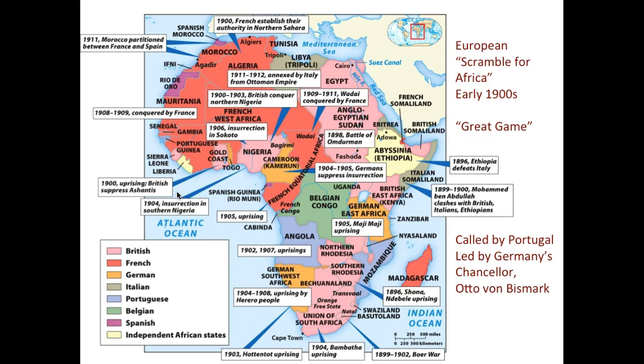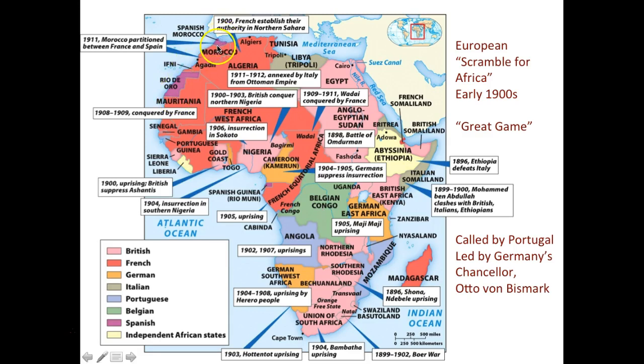This map, extremely colorful map, shows the European colonial powers in Africa. How many rainbows do you see here? The French have a huge chunk, the British, the Belgian Congo, we'll talk about that, one of the most horrifying stories I've ever studied.